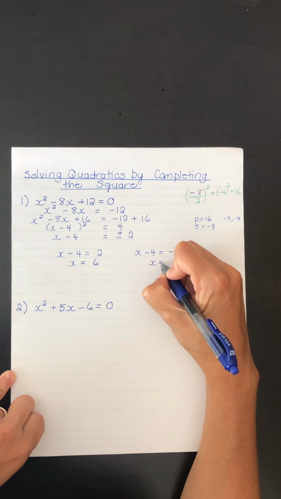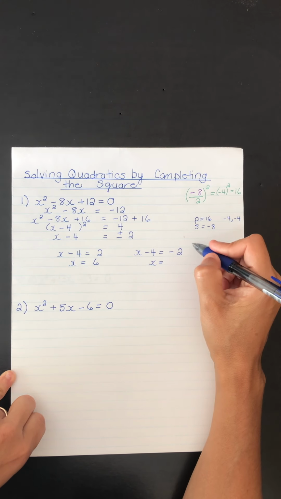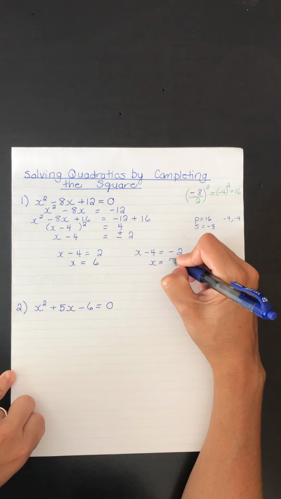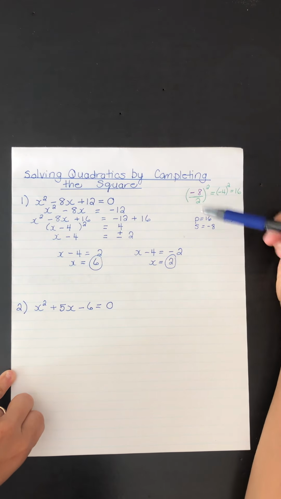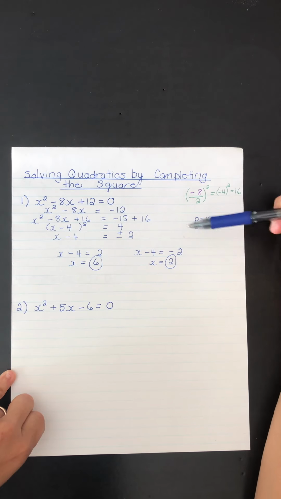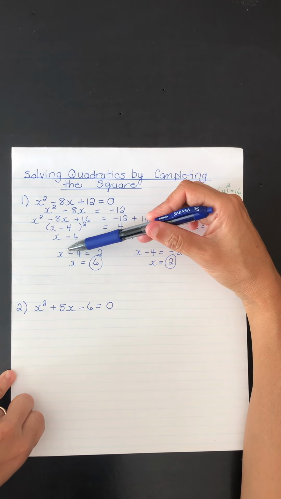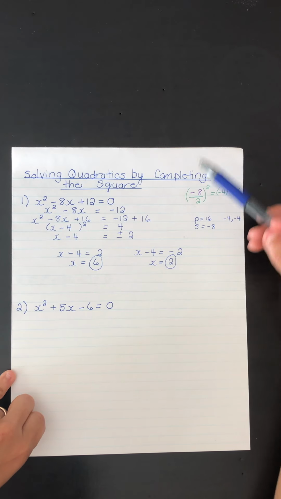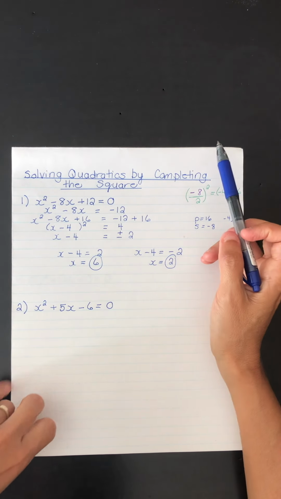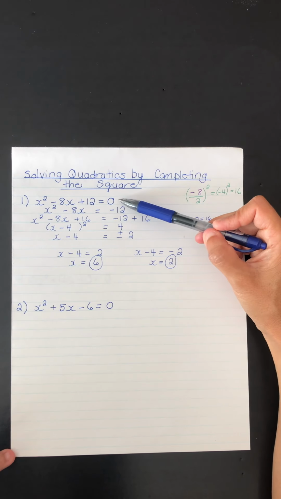And here, x will be negative 2 plus 4, which is 2. In the last step, we simply add 4 to both sides because, again, we're trying to isolate x. So that's using the method of completion of the square to solve this quadratic.